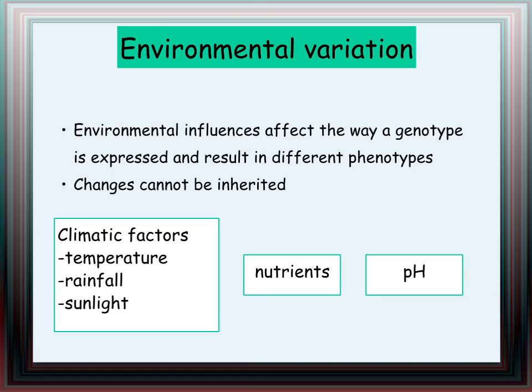And then you've got environmental variation. So environmental influences affect the way a genotype is expressed and result in different phenotypes. The changes are not inherited or cannot be inherited, and examples include climatic factors such as temperature, rainfall and sunlight, nutrients or diet, and pH.